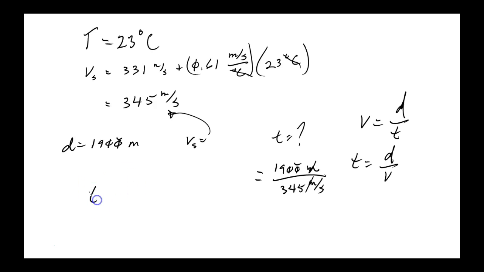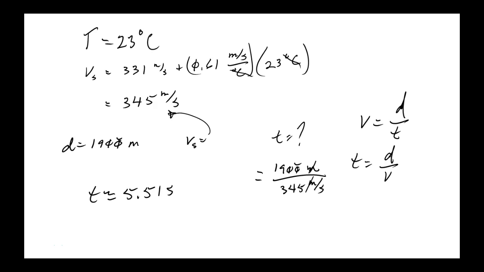T is about what? 5.51, is that what you said? That sounds reasonable. Almost 6 seconds. Oh, look at that. That's what they got in the book. Okay. 5.51 seconds. Very good.